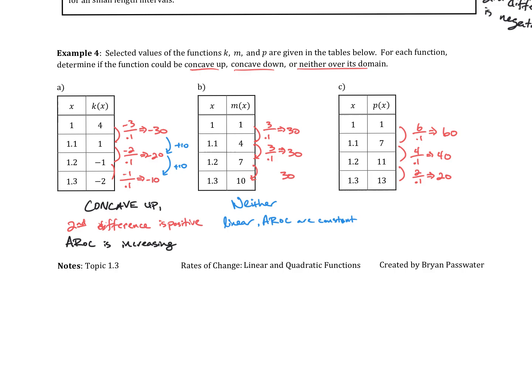This is so cool. All right, and so is this linear? No, I don't think so either. Abby, what's happening with 60, 40, 20? It's going down 20, isn't it? It's going down. And so what do you know about the concavity?